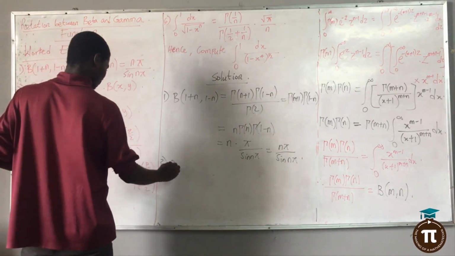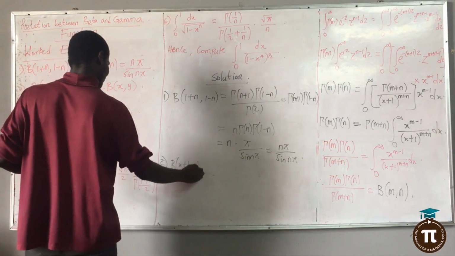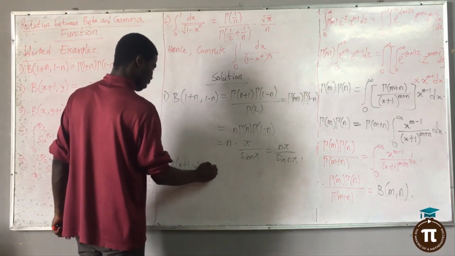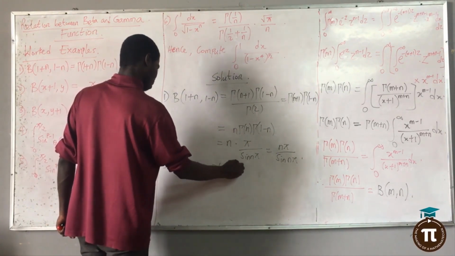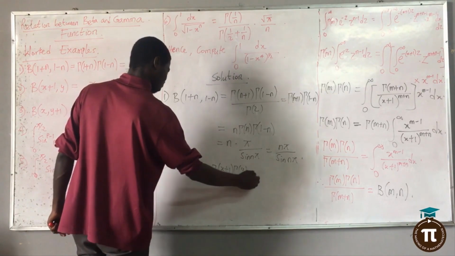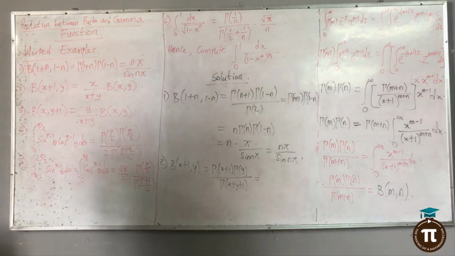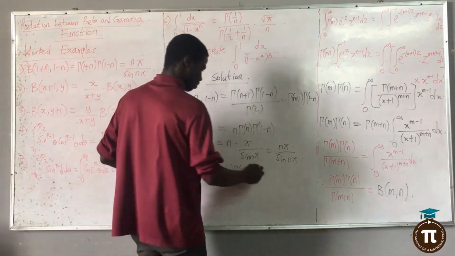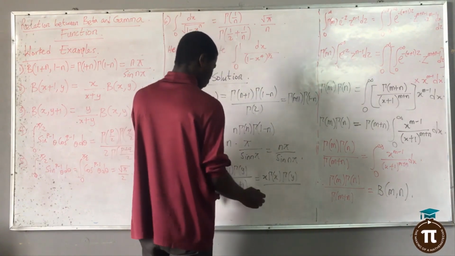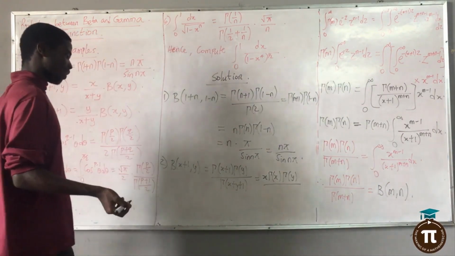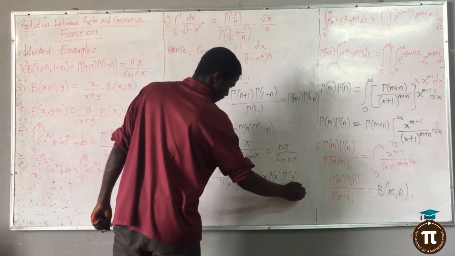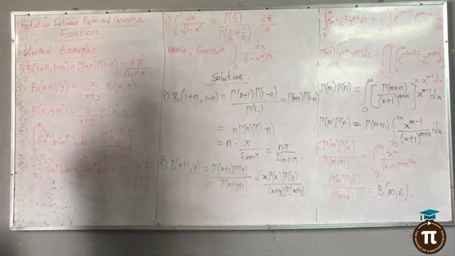Line number 2, I have beta of x plus 1 comma y. This will be equal to gamma of x plus 1, gamma of y, all over gamma of x plus y plus 1. That is what I am going to have. So this will be x gamma of x, gamma of y, over x plus y, gamma of x plus y.